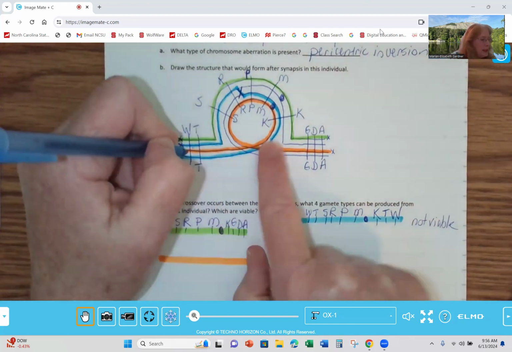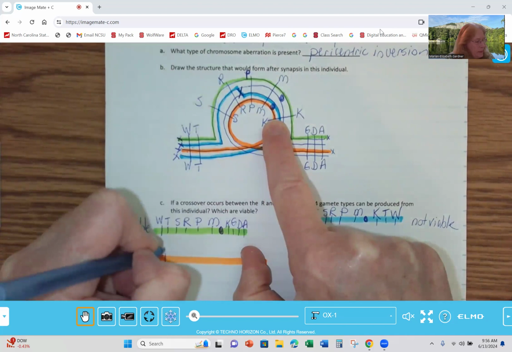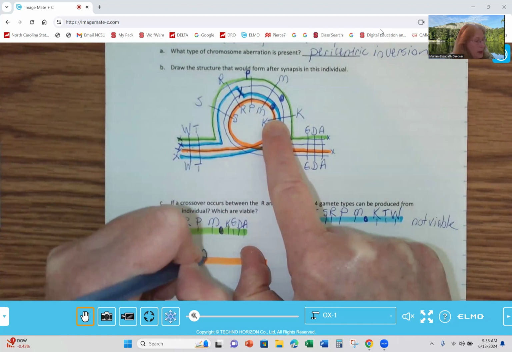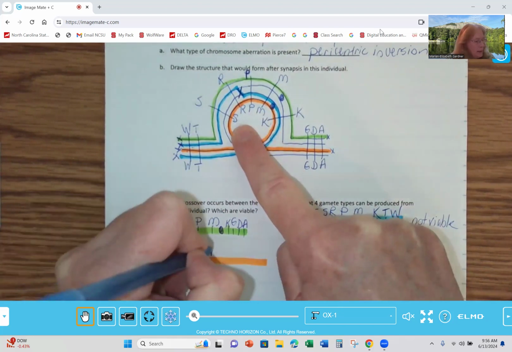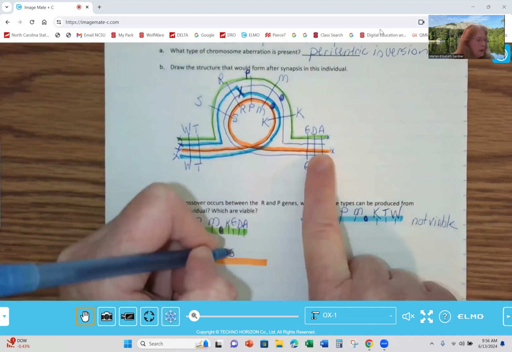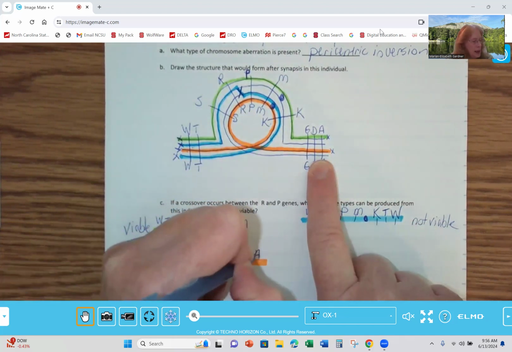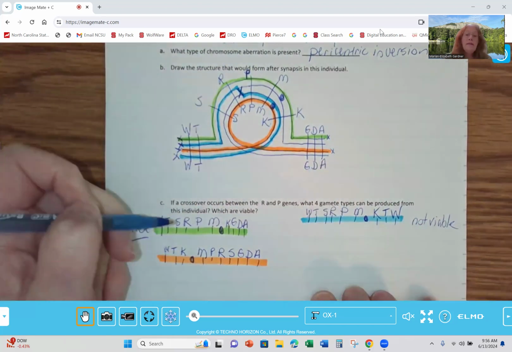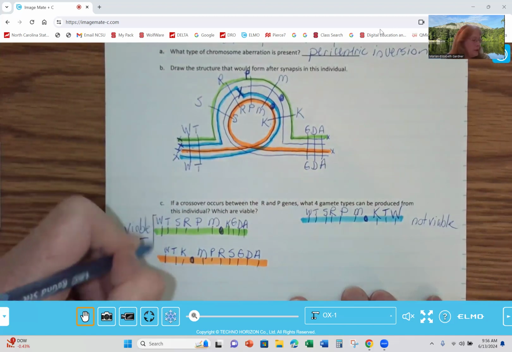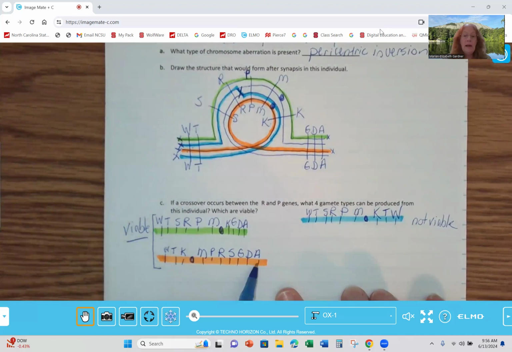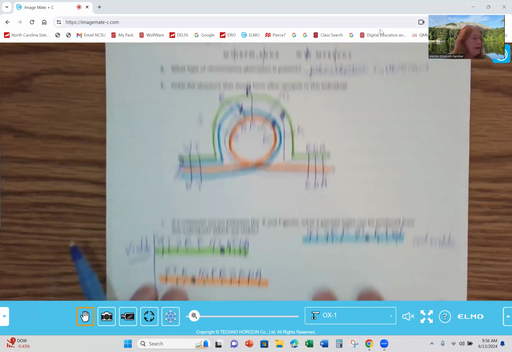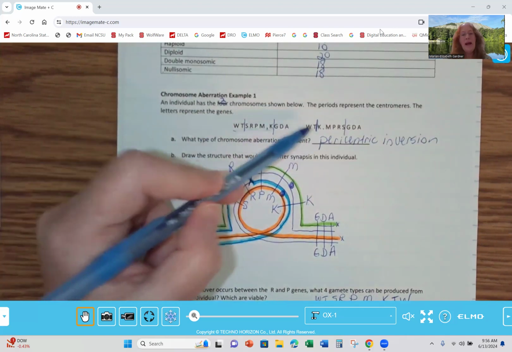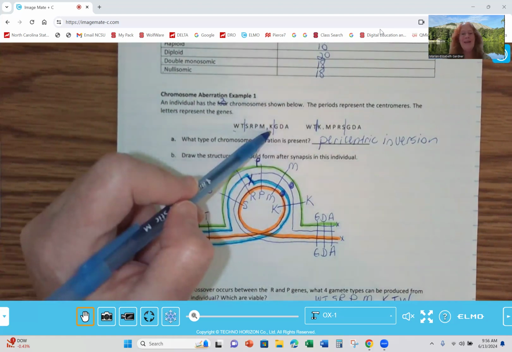So WT K centromere M PRS GDA. This is a viable gamete. So both of these two are viable because it has exactly one copy of each of the genes. And if we think about looking at these, they are the normal order and the inverted order. And actually, we don't know which is the normal order and the inverted order.